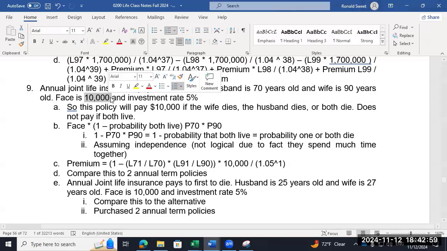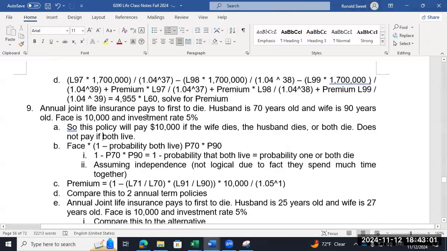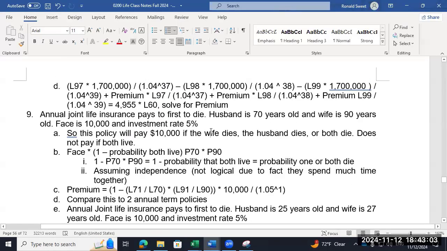So we can look at the probability that the wife dies and the husband lives, the probability that the wife lives and the husband dies, and the probability that they both die. But that's a lot of work. It's a lot easier to just calculate the probability that they both live and take 1 minus that. So 1 minus the probability they both live is when you have to pay out.